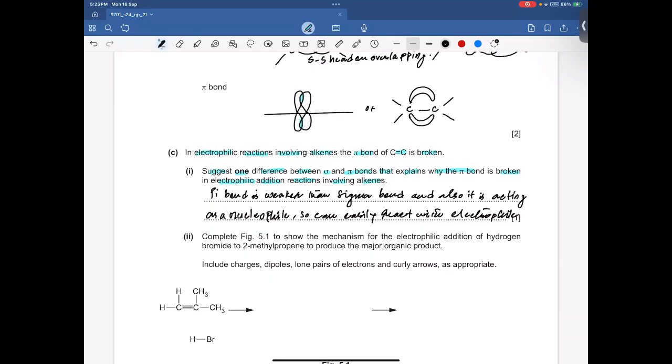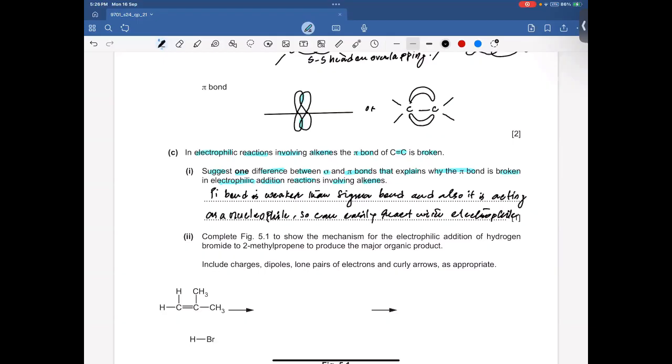And why is pi bond weaker than sigma bond? Because the electrons of pi bonds are further away from the nucleus, whereas the electrons of sigma bonds are closer to the nucleus. So sigma bond has a strong nucleus-to-electron attraction, whereas pi bond has weaker nucleus-to-electron attraction, which is why pi bond is weaker than sigma bond. Okay, and that's a very important point.